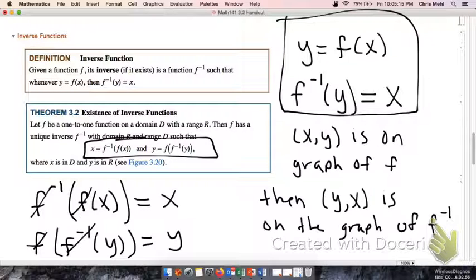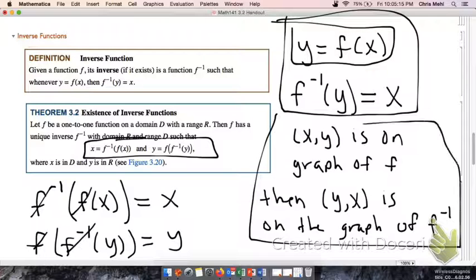The way the inverse is defined is if y equals f of x, so x is the input and y is the output, then the inverse function takes y as the input and the input becomes the output. Graphically, if x, y is on the graph of f, one way you could graph the inverse function is by swapping the coordinates. So if x, y is on the graph of f, then y, x is on the graph of f inverse.